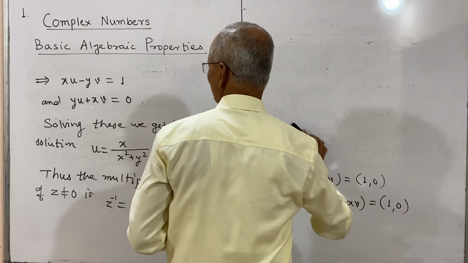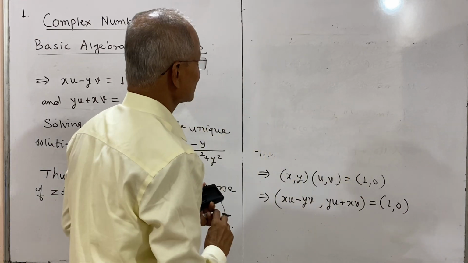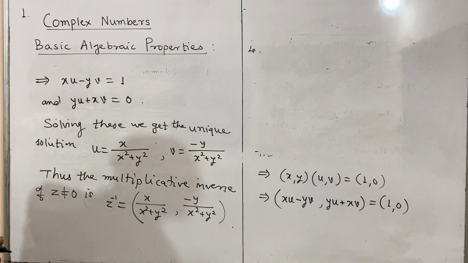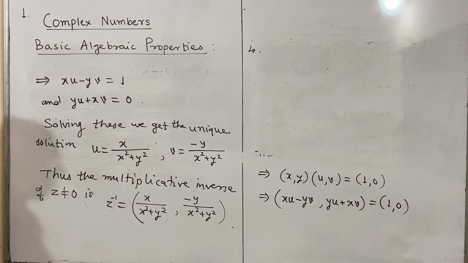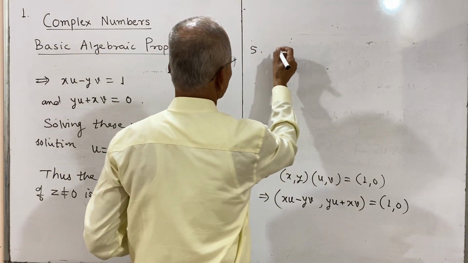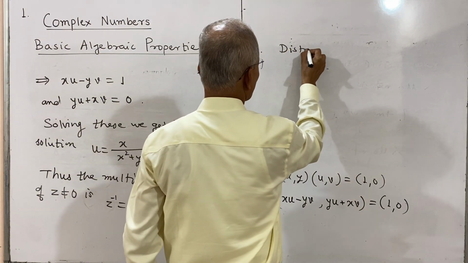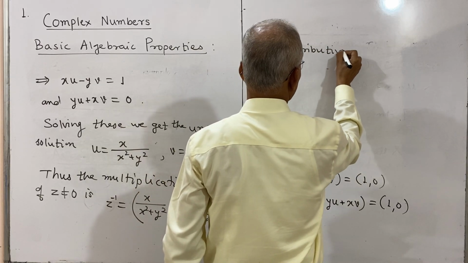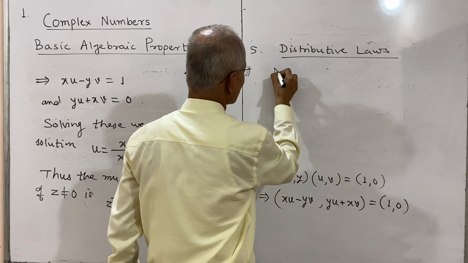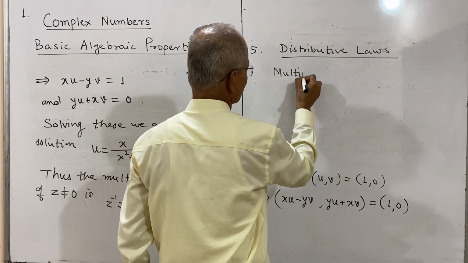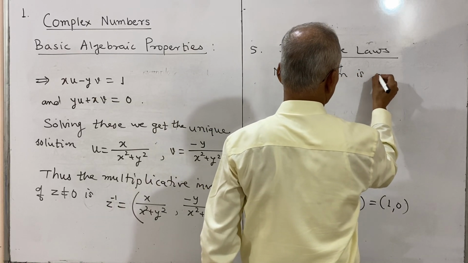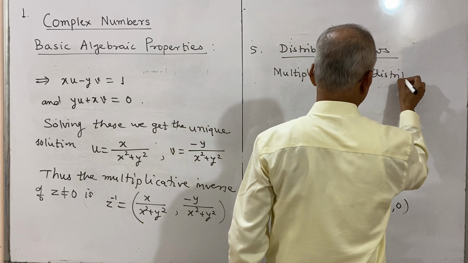Now a further property can be considered as the fifth property. We have distributive laws. Multiplication is distributive over addition in complex numbers.